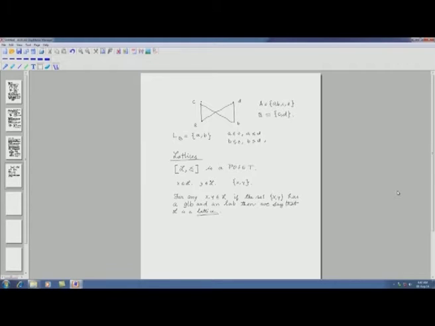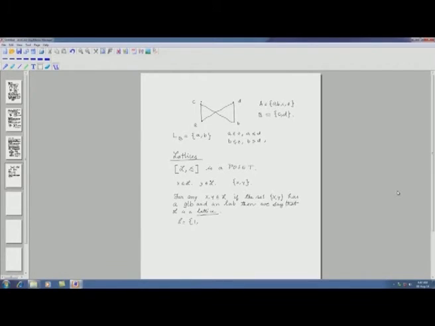Now, the question is, do we have examples of lattices? The answer is yes. So, the first example that comes to my mind is the example that we construct by taking the power set of the set 1 to 3.